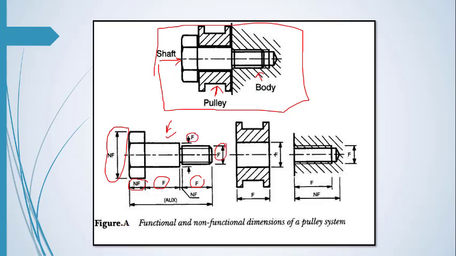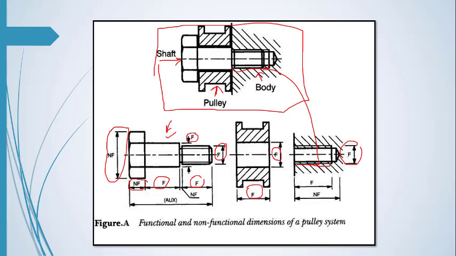Those parts which can be utilized for different purposes are known as a dimensional or size function. Here you can see the groove of a pulley, it's also a functional dimension. Here it's also a functional dimension. Here you can see the part, this one, that is a functional dimension.